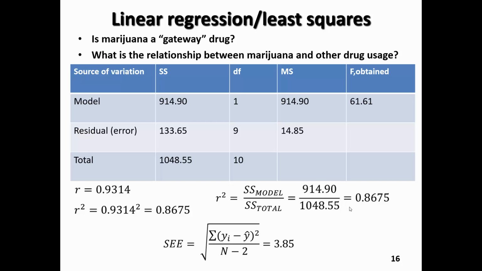In other words, what the R-squared value tells us is, if we multiply this value by 100%, or move the decimal place over twice, we end up with 86.75% of the total variability in the data accounted for by our deterministic model.